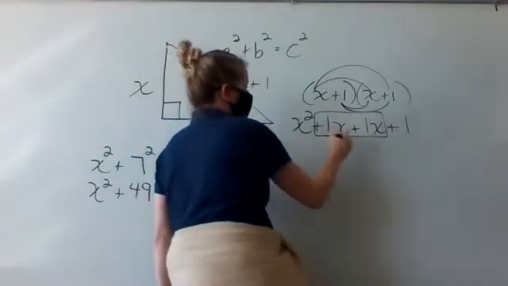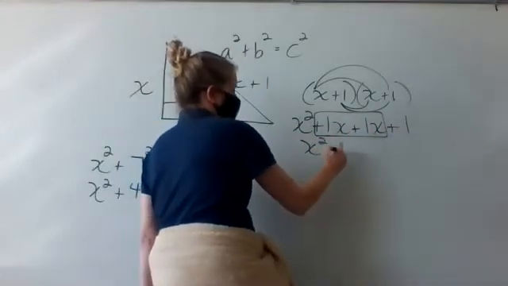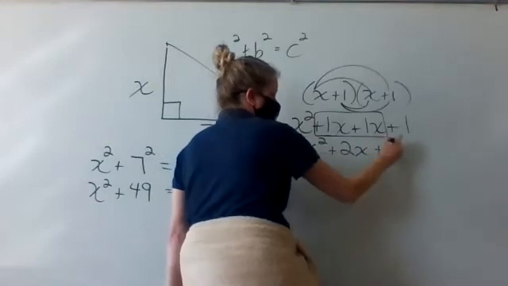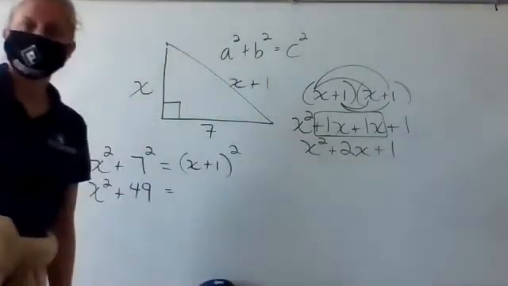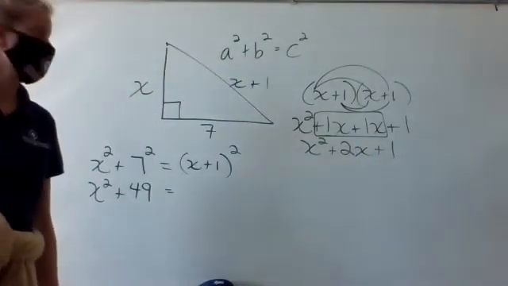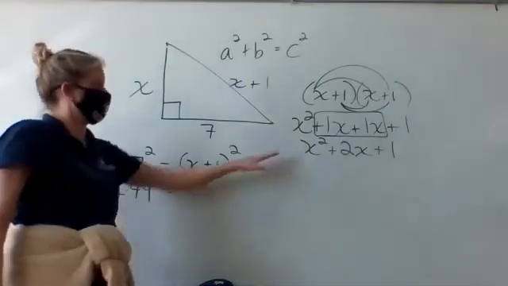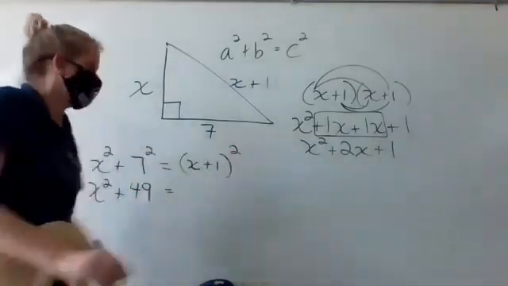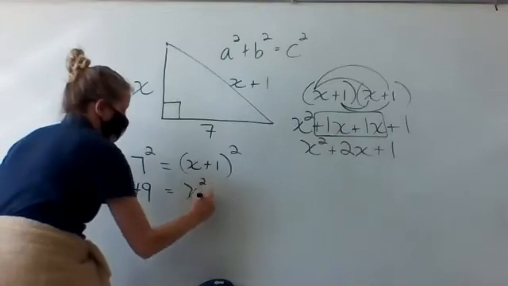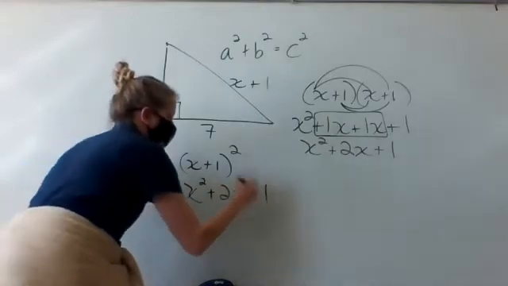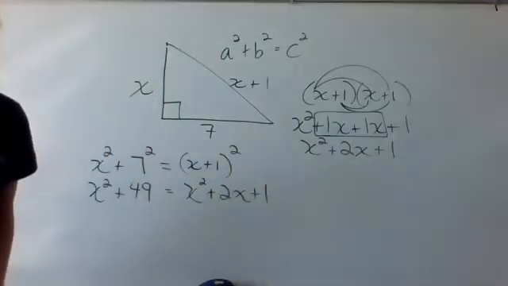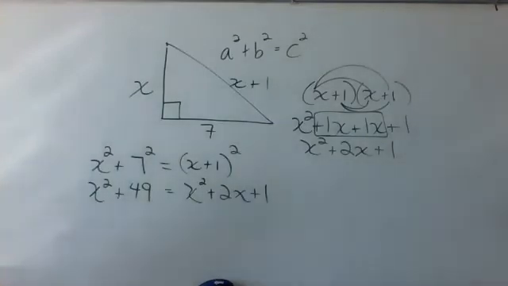Put your x's in the middle together, so you really have 2x in the middle. So when I did this x plus 1 squared, it gave me x squared plus 2x plus 1.